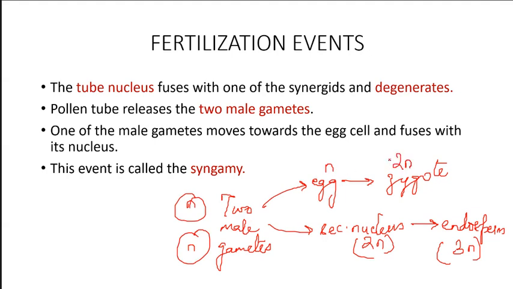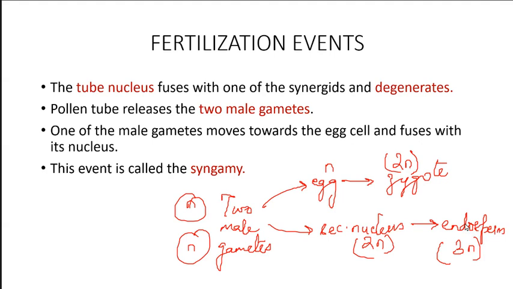So here we can see that two times fertilization is occurring. So this is known as double fertilization. The fertilized zygote will develop into the embryo. The primary endosperm nucleus after division will give rise to endosperm, which is rich in nutrients and will provide nutrients to the developing embryo.